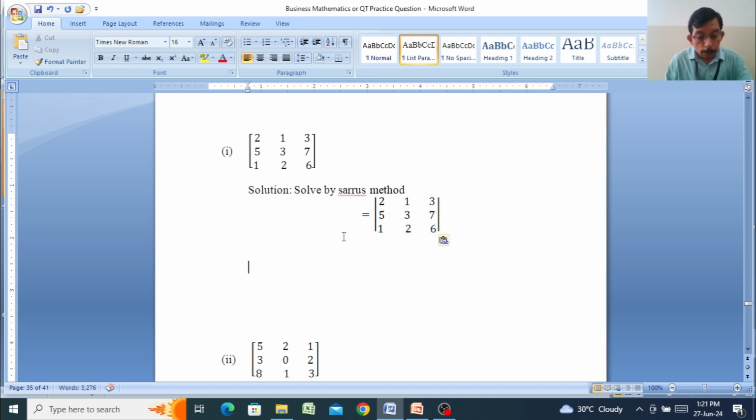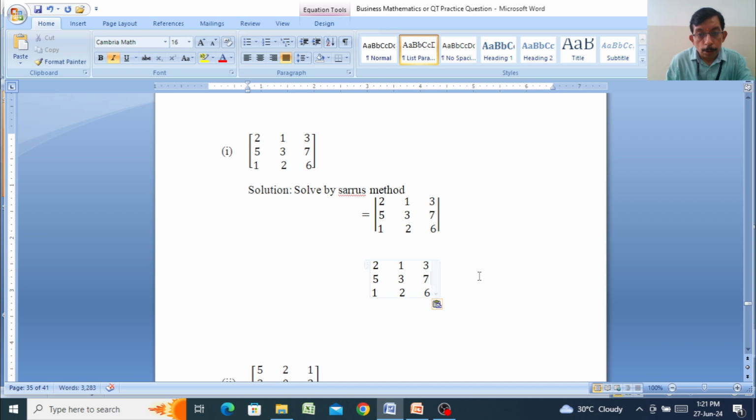First we note down the first two column values.